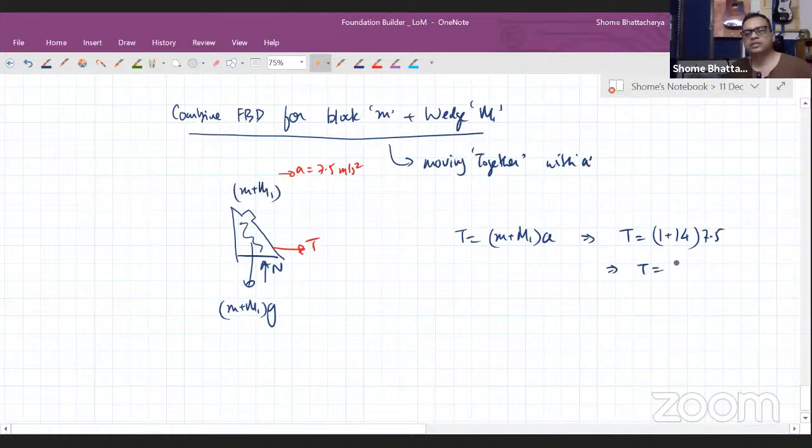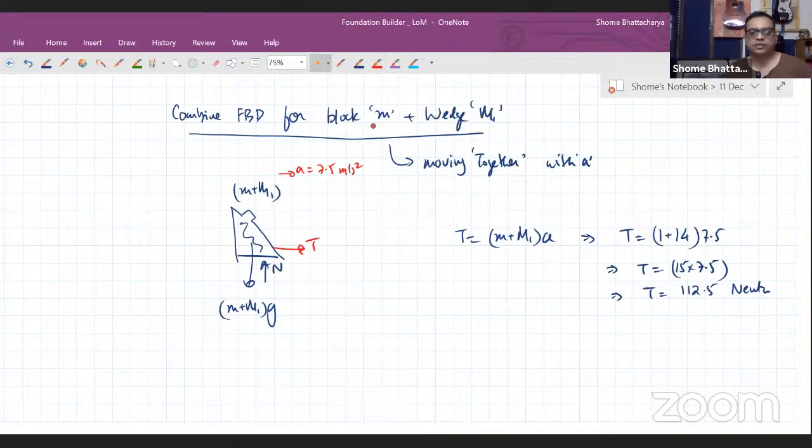So the tension is 15 into 7.5. So the tension will come out to be 15 square, that is 225 divided by 2. So that is 112.5 newtons. This will be the tension.